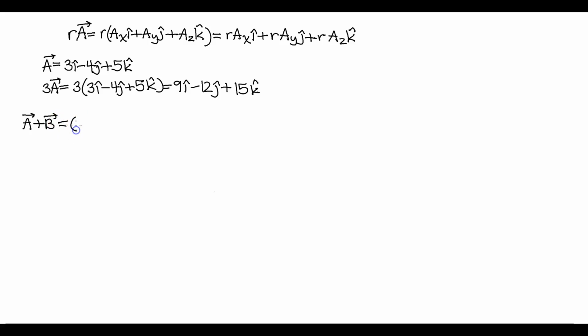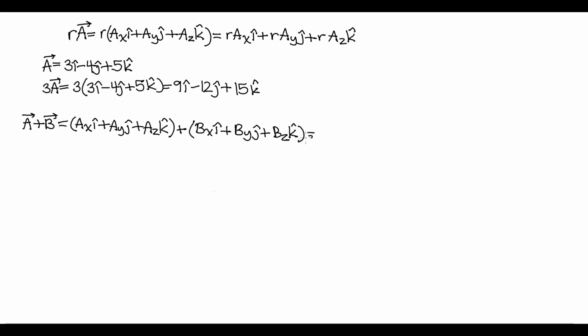That means you're just adding ax i plus ay j plus az k, and if we consider b to be bx i plus by j plus bz k, this is basically what you're doing.